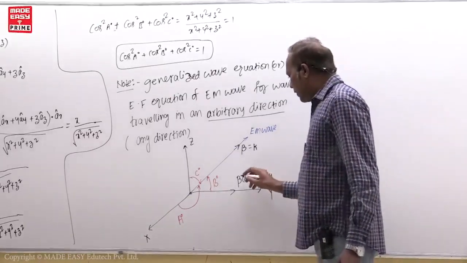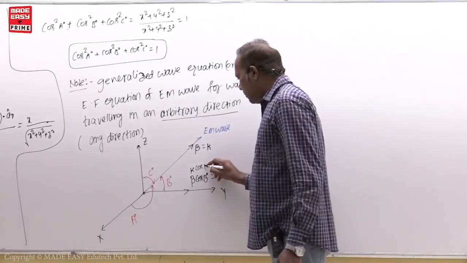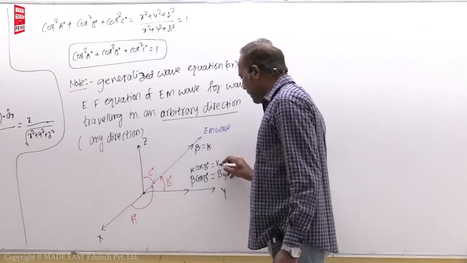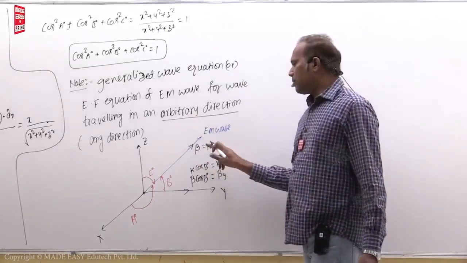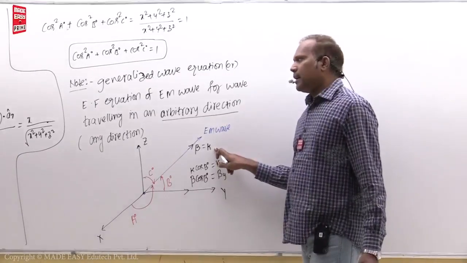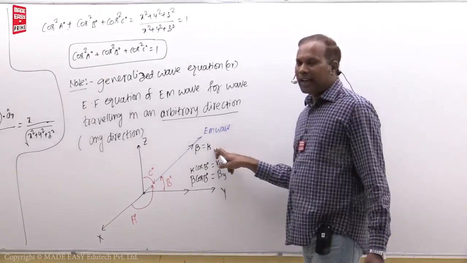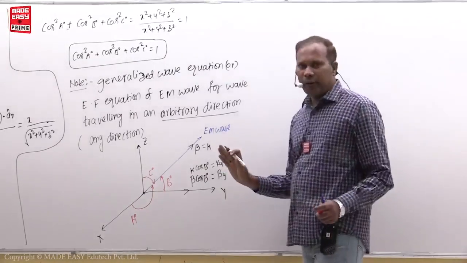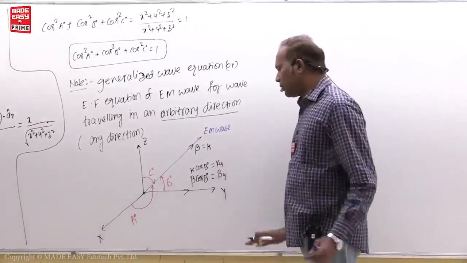If you write in terms of k, that is k cos b degrees, that is called ky. In some textbooks they use the beta symbol, some textbooks use the k symbol, but in the examination, if a question is given from a textbook where the k symbol is there, you should not get confused. That is why I am using both the symbols.